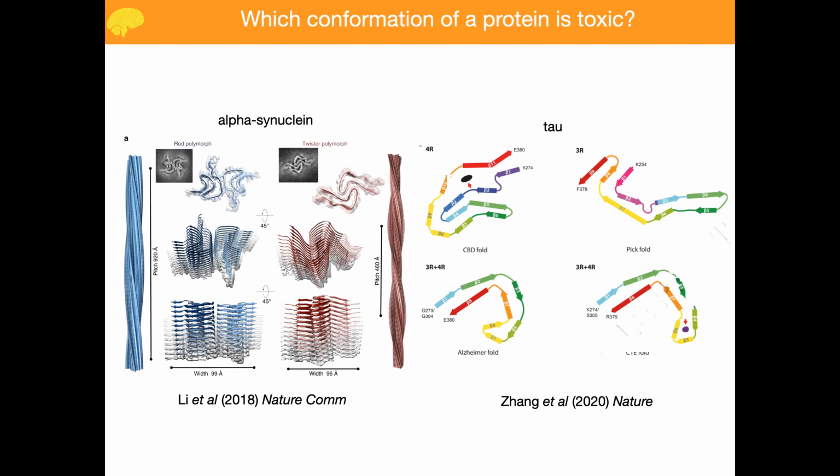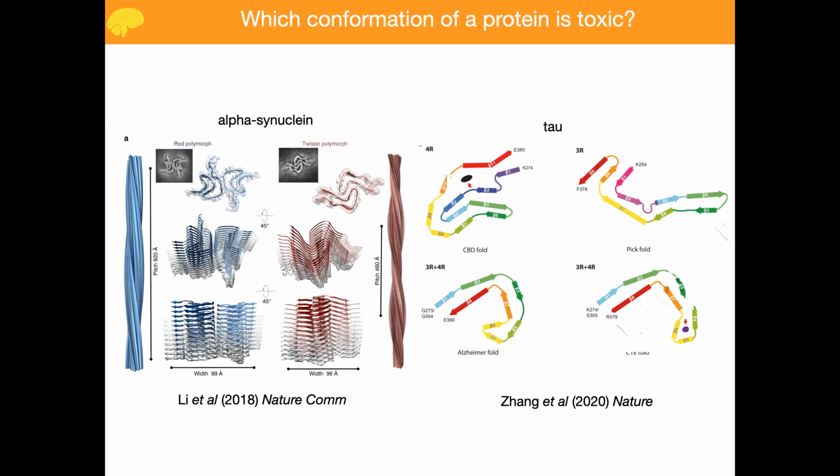And you can appreciate even from these cartoons that the same tau can actually form aggregates in different states. And so that raises the question, what controls these different states? And if we can have different states, which states are disease relevant?